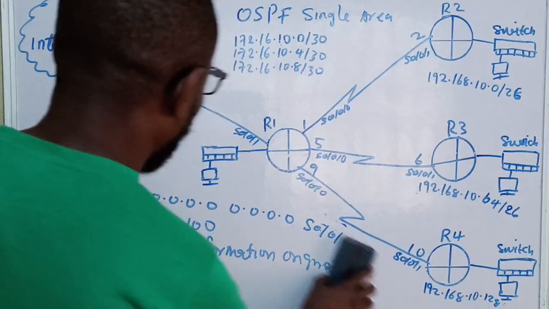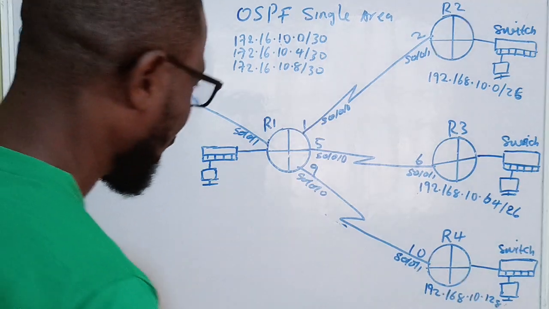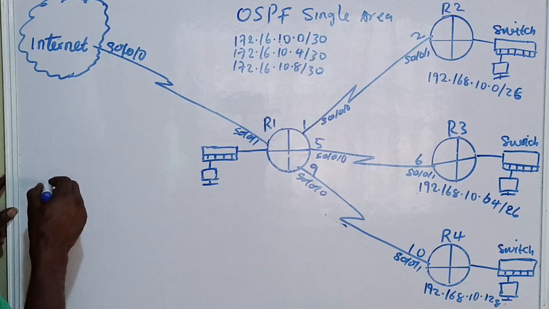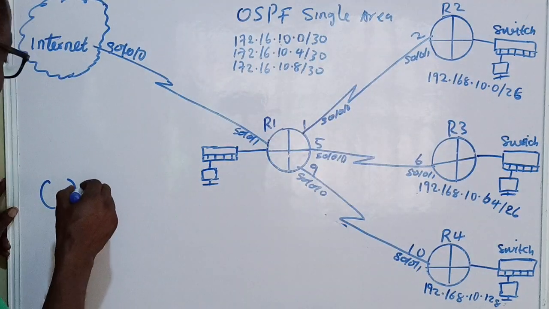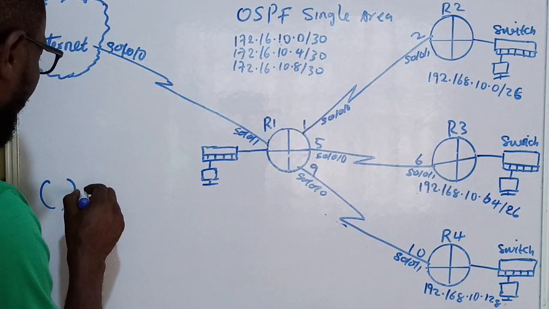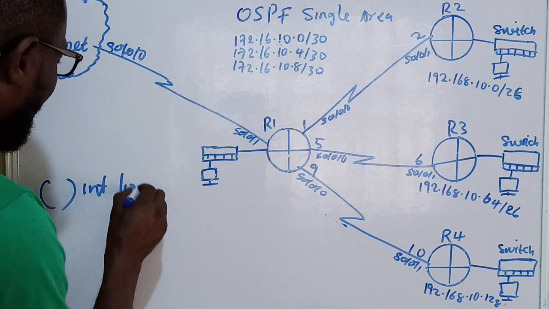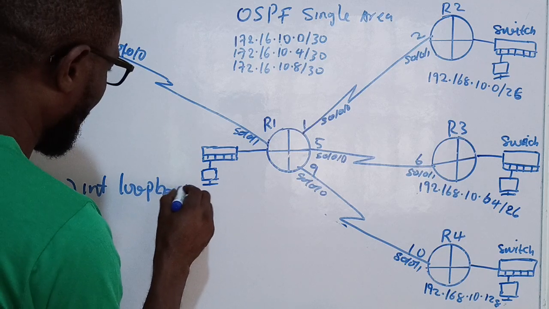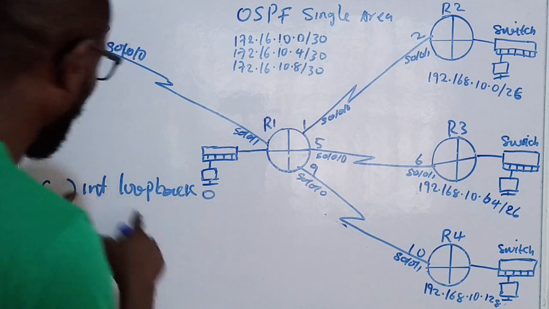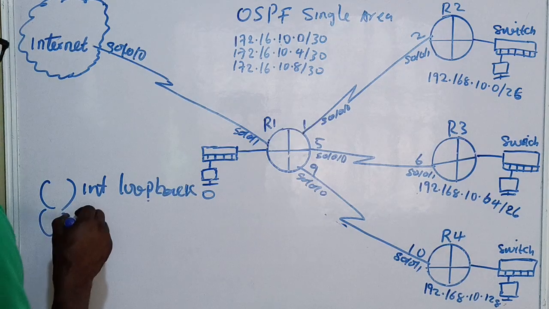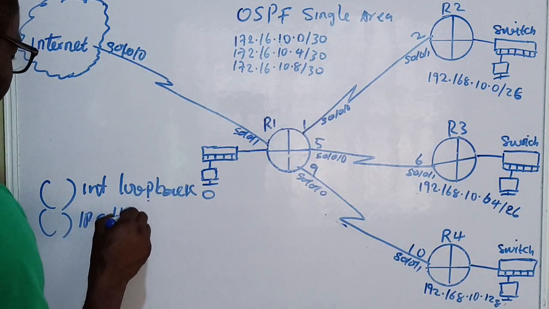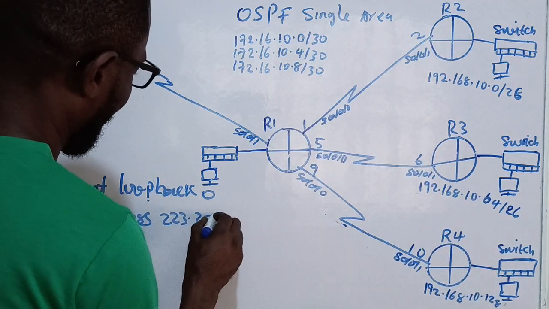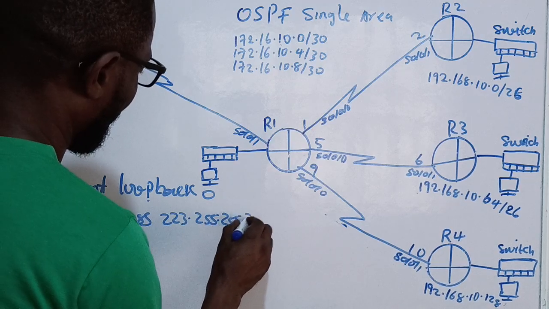Okay, so let's make this router the head of the routers. On this router, we are configuring what is called a logical IP address. From global configuration mode, you do this: interface loopback 0. You hit enter. This loopback will be up. Okay, ip address 223.255.255.254.